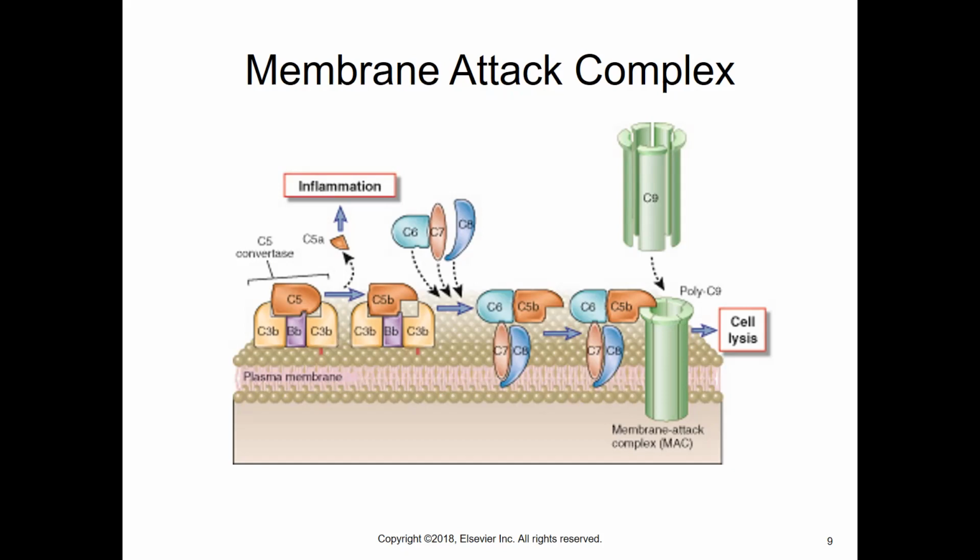A single IgM molecule is able to fix C1, but it takes at least two IgG molecules to fix C1. Now, why do you think that is? What is IgM versus IgG? It's bigger. So it has more potency to it, so to speak. Does that make sense?